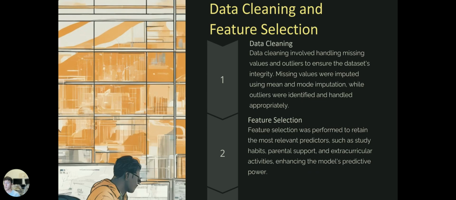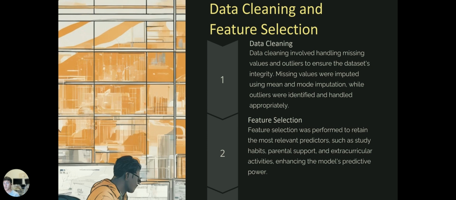One important part of working with any data set is the cleaning and the feature selection. Cleaning involves handling missing values and taking away outliers so they're not affecting the data set at the end when we run our processes.